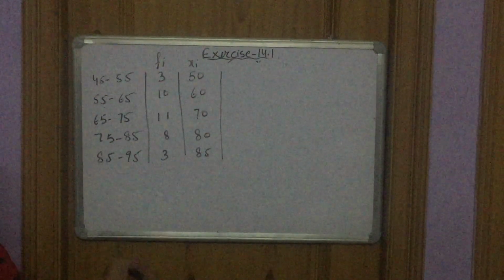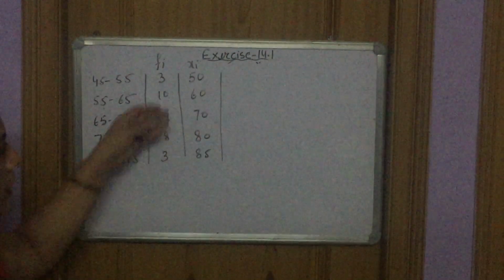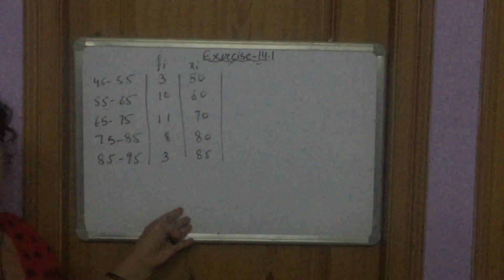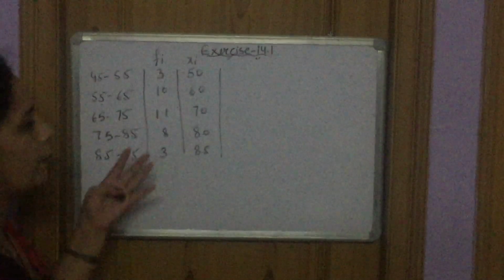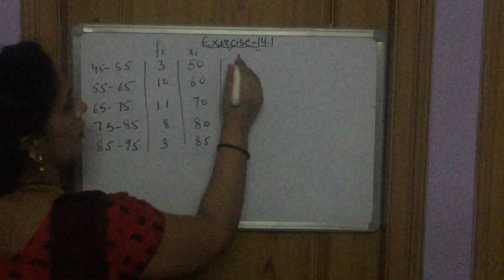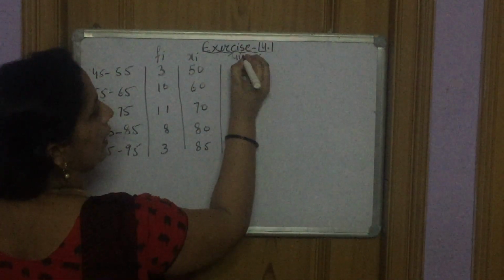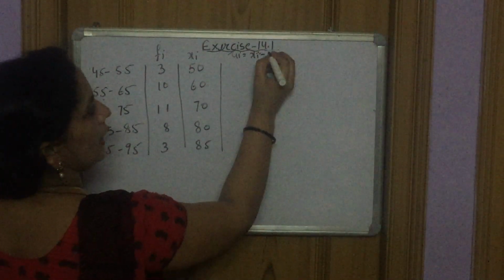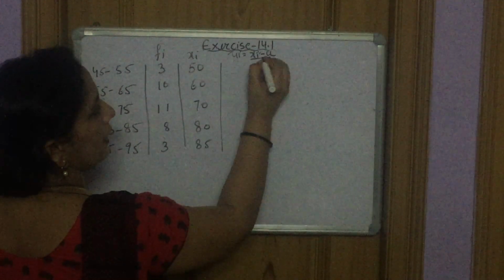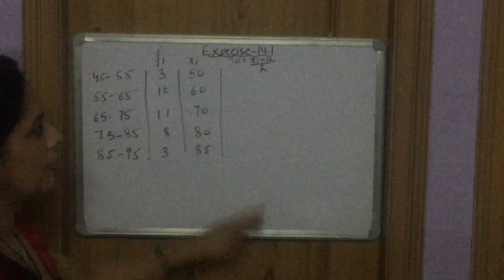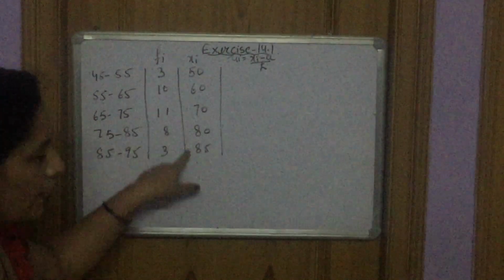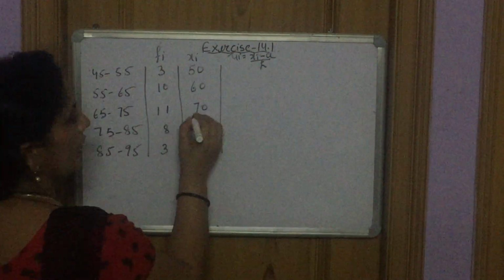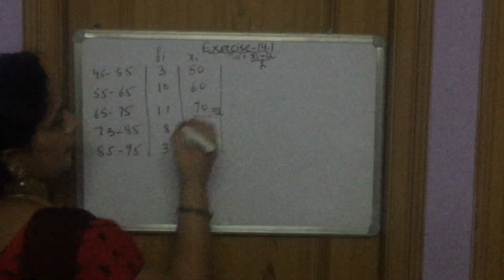Again we will choose the step deviation method because the terms of this column are very large. It is very difficult to multiply and divide. So here again we will find out ui, which is equal to xi minus a divided by h. And a will be the mid value of xi, and the mid value of xi is 70.